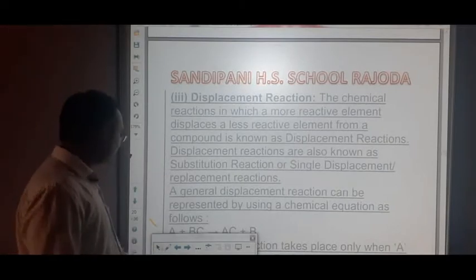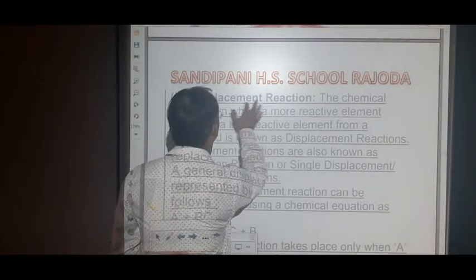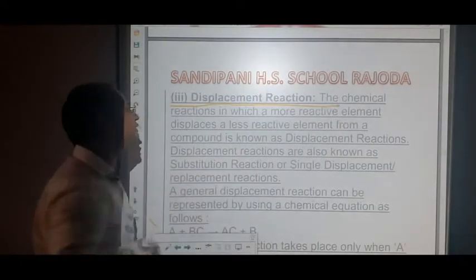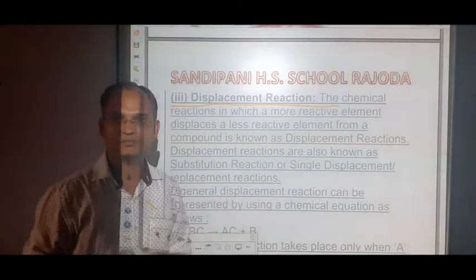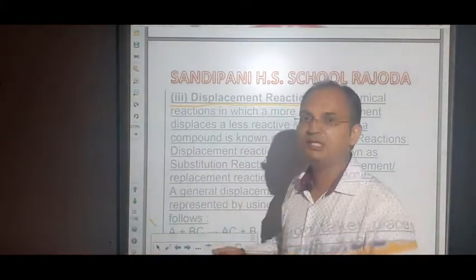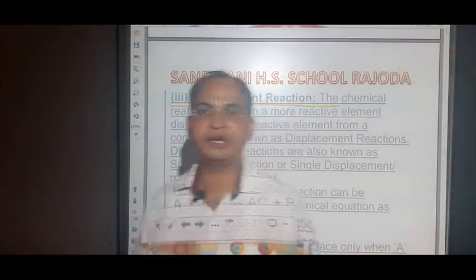In displacement reaction, students, we have seen that one element displaces the other element. The element which is more reactive can displace the other element which is less reactive than that. Let's see one example.